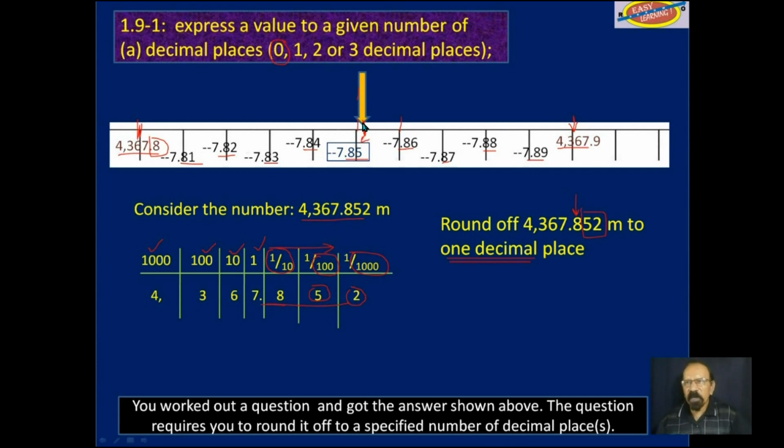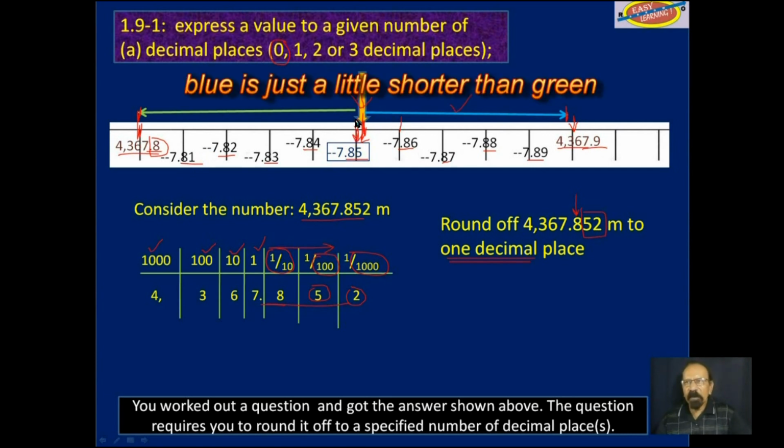So now our question again is, if we consider from where the number is located to this next higher number, and the one that is the previous lower number, that is 4,367.8 to 4,367.9, which one is this arrow closer to? This blue line here is shorter than that green line.